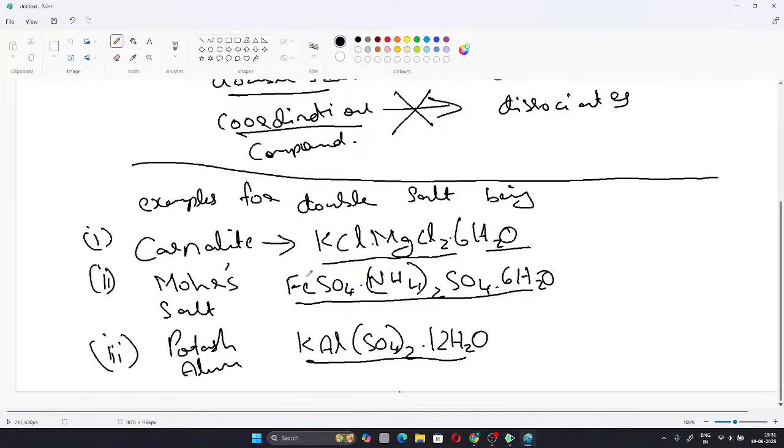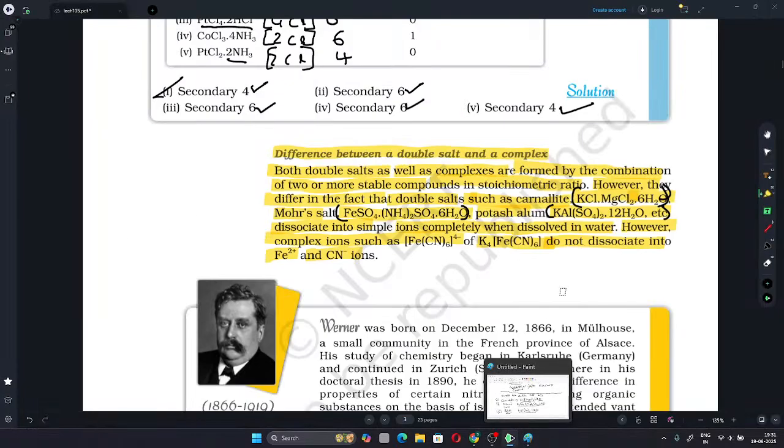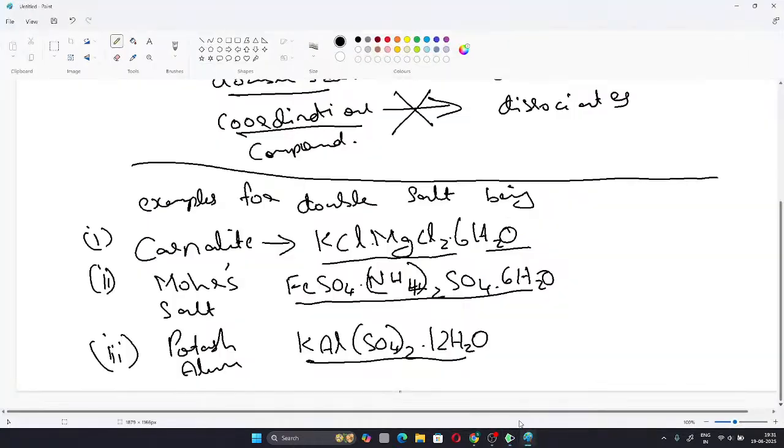Mohr salt, FeSO4, (NH4)2SO4 and 6H2O, and potash alum being K2SO4·Al2(SO4)3 with 12 molecules of water.